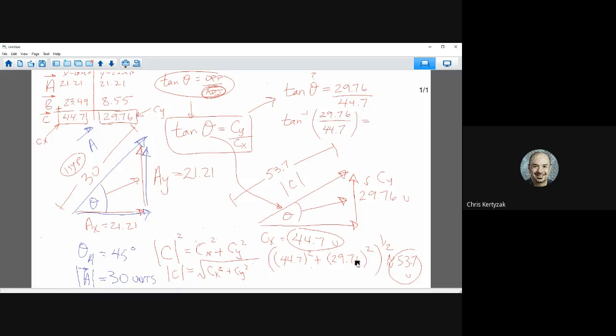So I technically type second into my graphing calculator, then tan, which gives us the inverse function. And I type in now 29.76 divided by 44.7. Enter. I get 33.65 degrees, roughly.